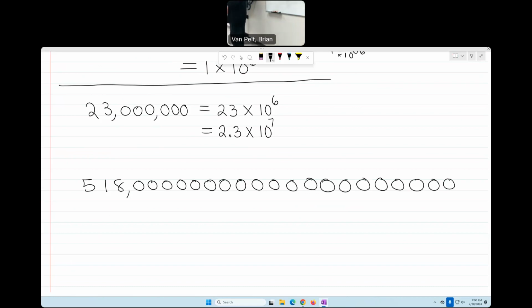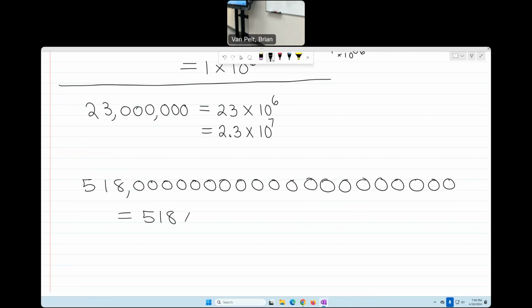After a while you won't see the zeros being generated. There were 20 zeros, weren't there? Yeah. This is 518 times 10 to the 20th.